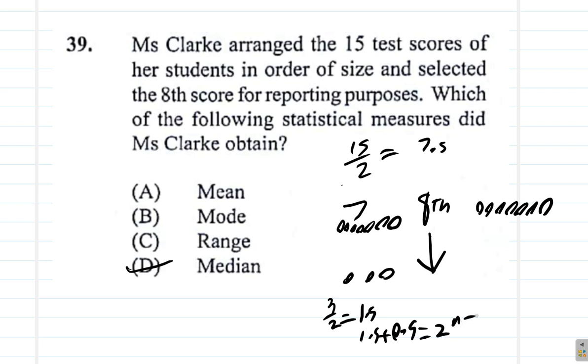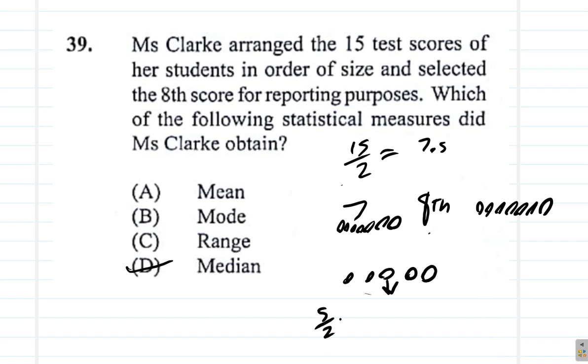The second, you have to remember these things, right? If you had 5 items, the third one would be in the middle. If you put 5 over 2, you get 2.5. And 2.5 plus 0.5 is 3. So the median will be the third.